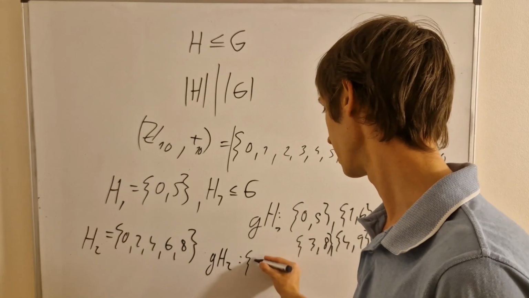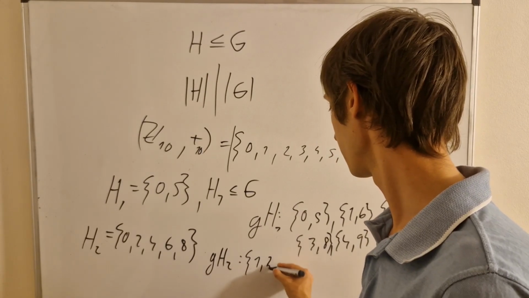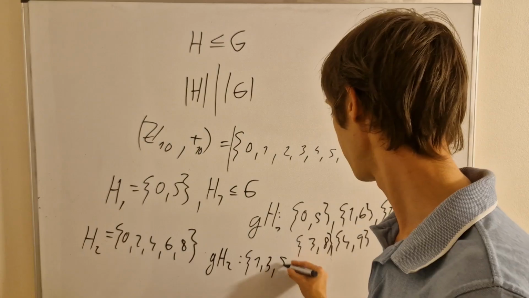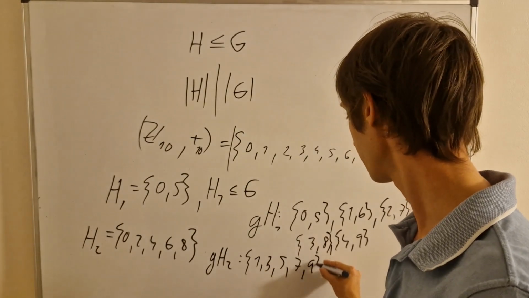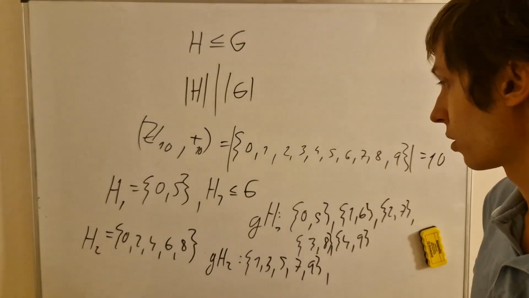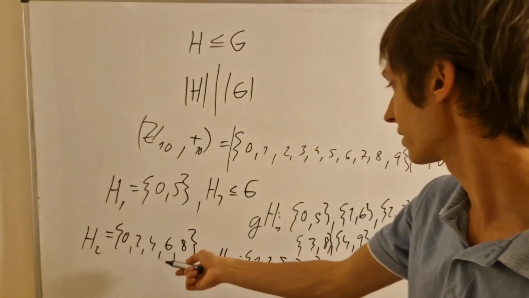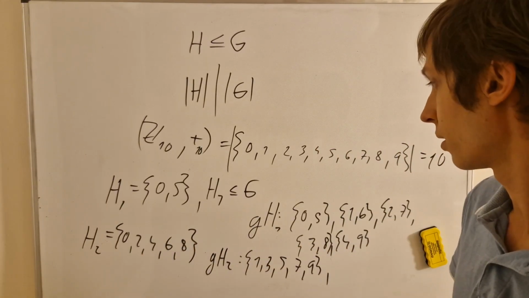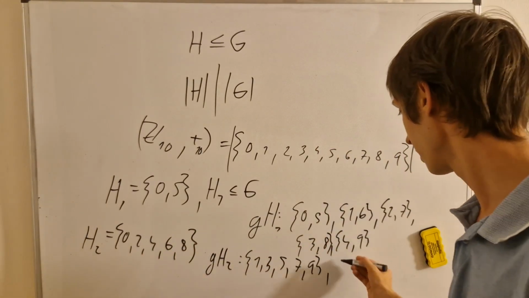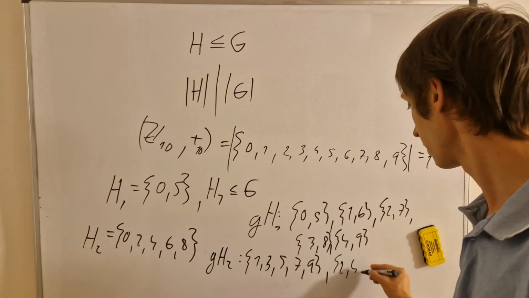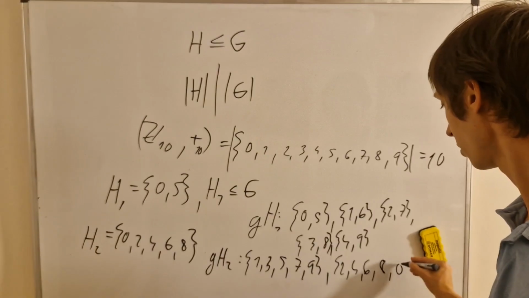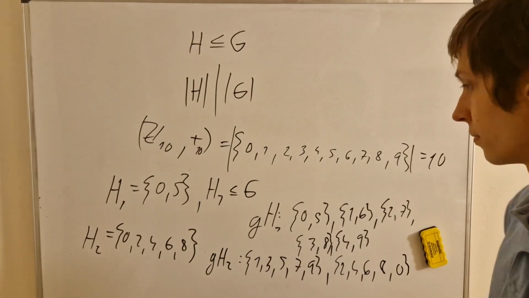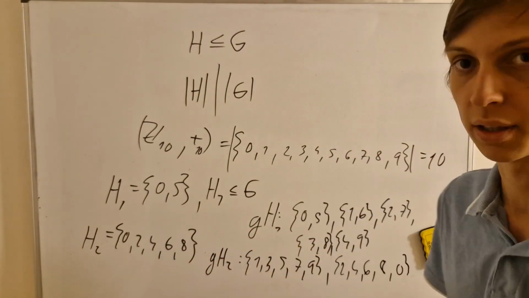So the first coset is 1, 3, 5, 7, 9. The second coset will be 2, 4, 6, 8, 0. But now we see 2, 4, 6, 8, 0, that is the same as we had initially.